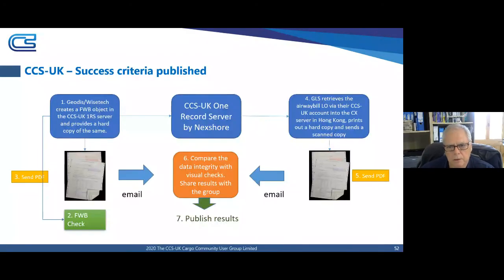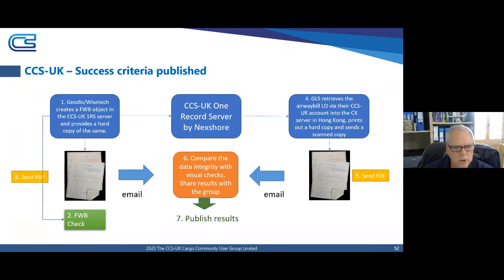Okay, so we had a lot of business people on the team as well, and we wanted to set some success criteria, and this is how we visualized it. So as Pramod has already described, we were moving data from Geodis WiseTech system across to GLS. So the idea was that once that data had left Geodis, they would print a hard copy airway bill, and they would scan that, send it to me, or create a PDF, and we would do an FWB check on the data.